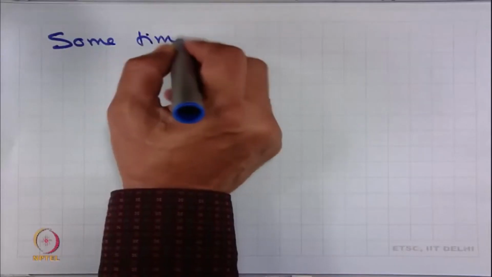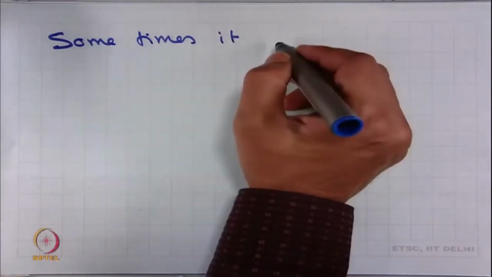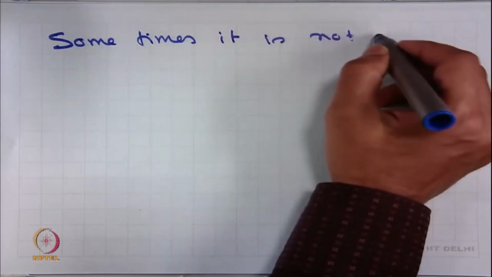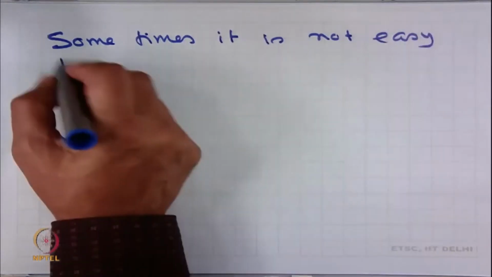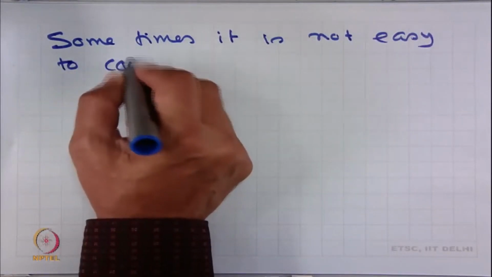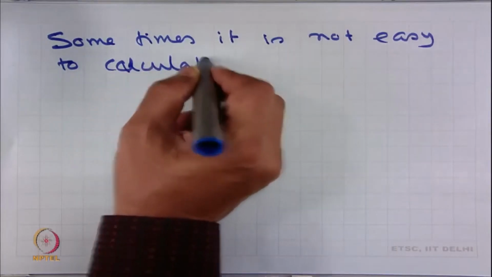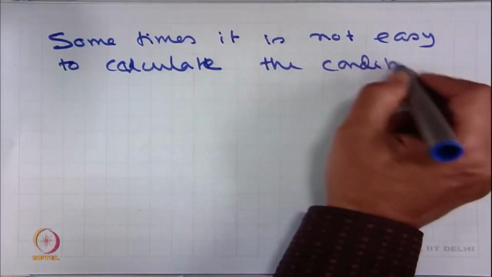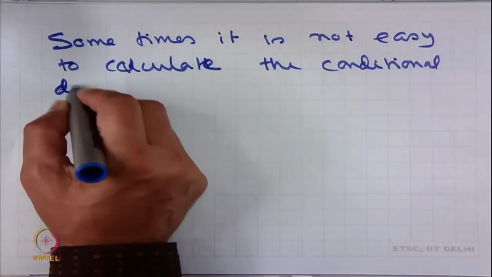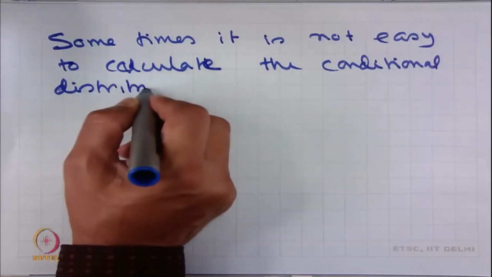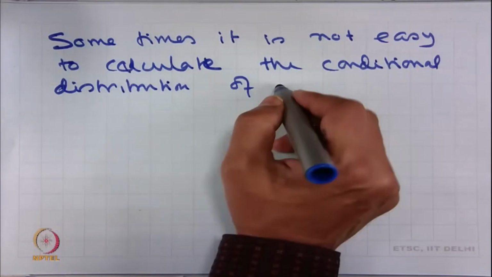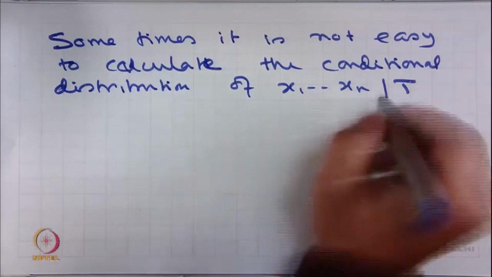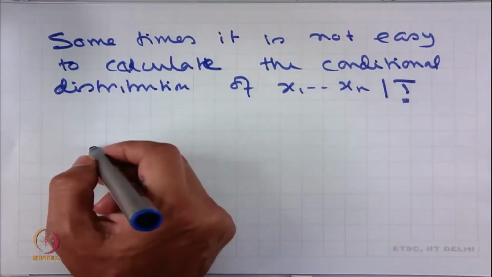Sometimes it is not easy to calculate the conditional distribution of x1, x2, xn given t, because we need to know the distribution of t.